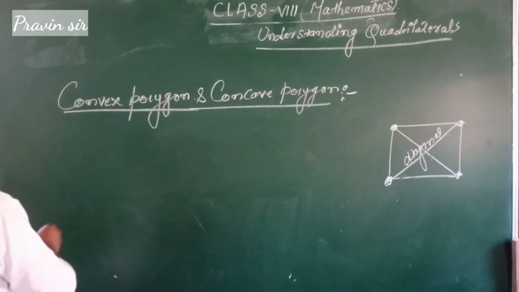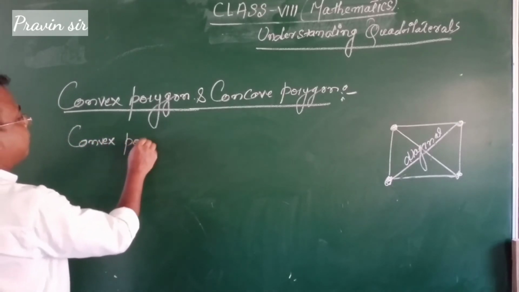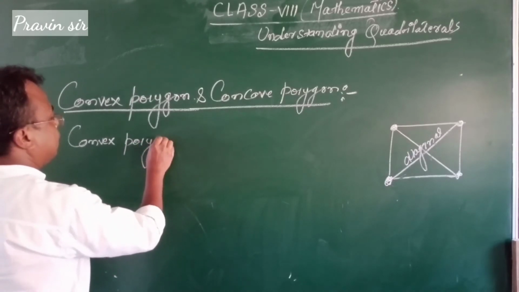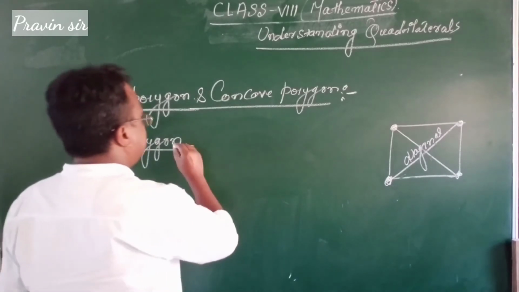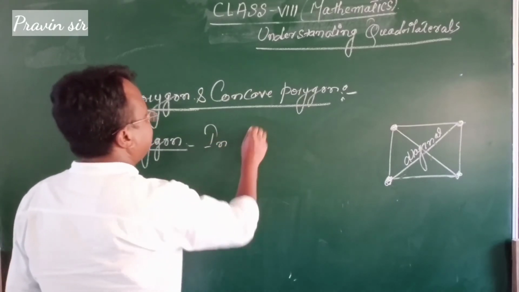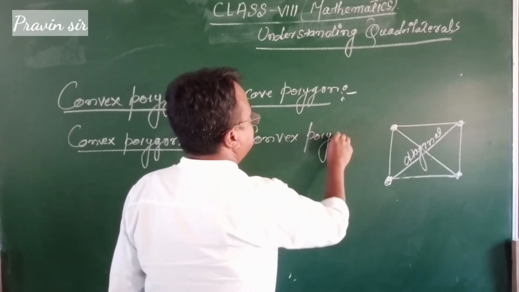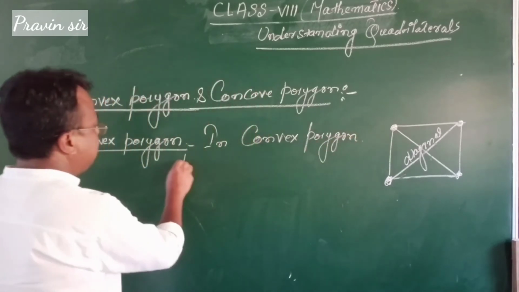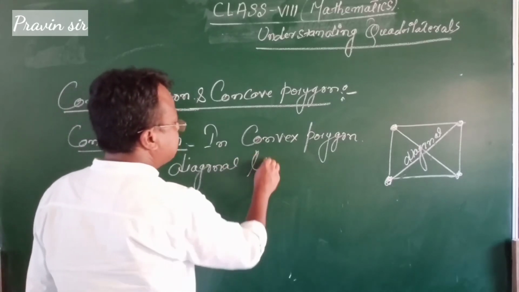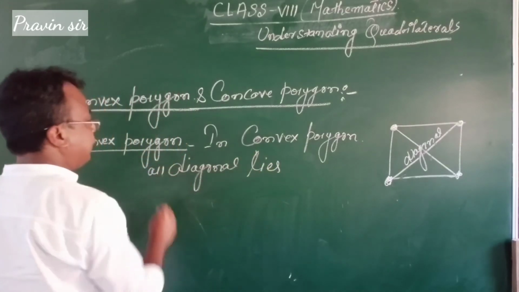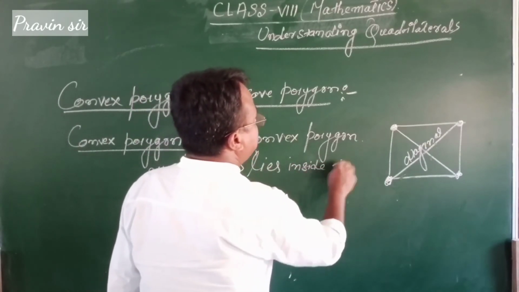So what is convex polygon? In a convex polygon, all diagonals lie inside the polygon only.